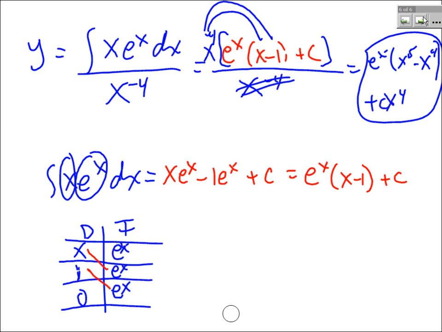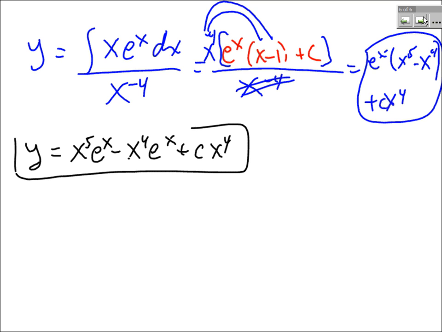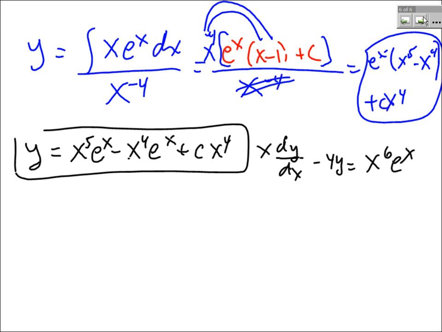And we can verify this. I claim that y, distributing that e to the x, is x to the 5th e to the x minus x to the 4th e to the x plus c times x to the 4th. I claim that that's what y equals. Now, the original equation said that x times dy dx minus 4 times y must be x to the 5th e to the x.